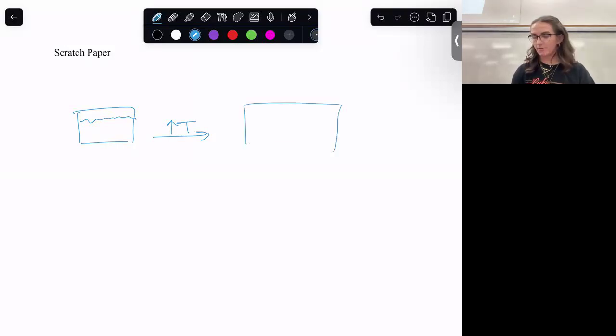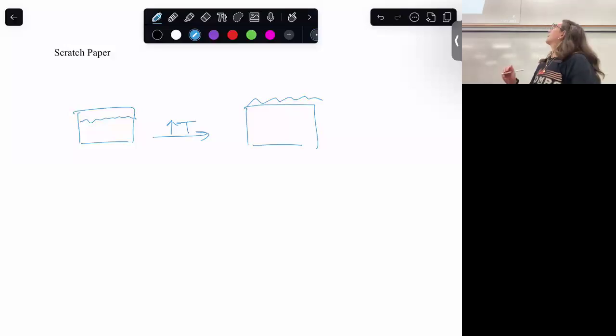So instead of it being a surface, now we have more space up here. So there's more space and their particles are farther apart. Instead of particles being like this, now they're like that. They're more spread apart.